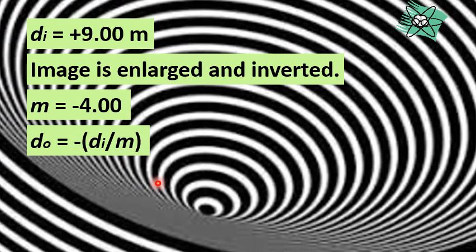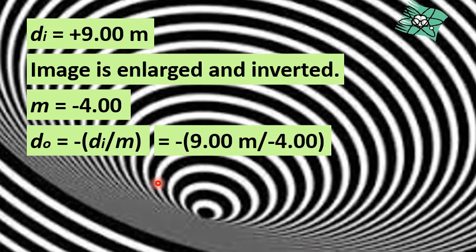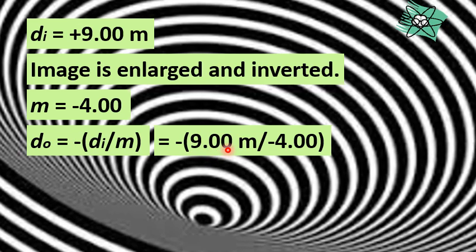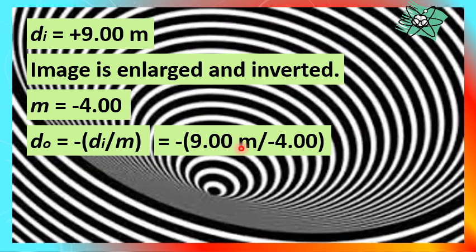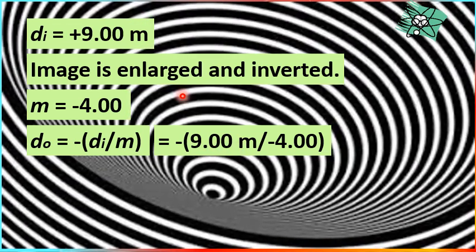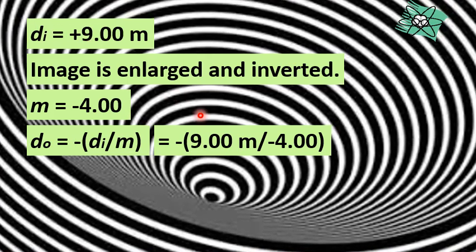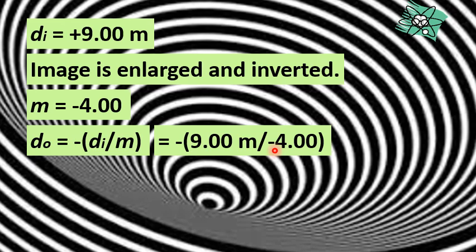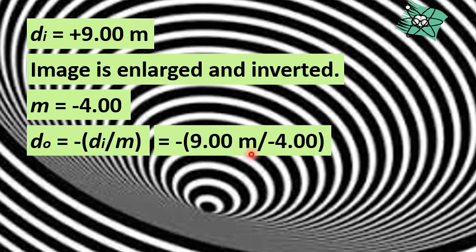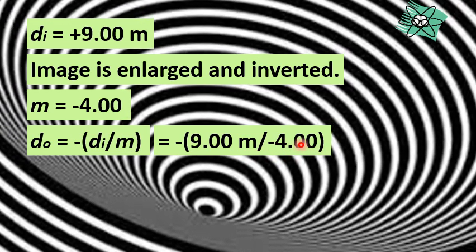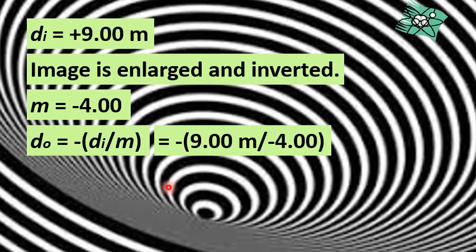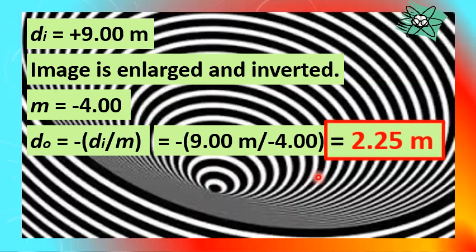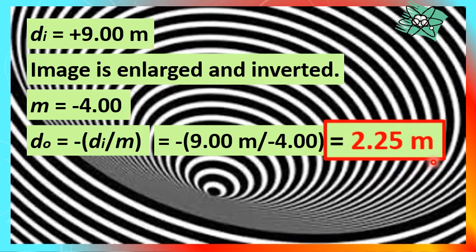So when we substitute, dO is equal to negative quantity 9.00 meters. di here is positive, and that will be divided by the magnification, which is negative 4.00. So when we do our math, we find that the object distance dO is equal to positive 2.25 meters.